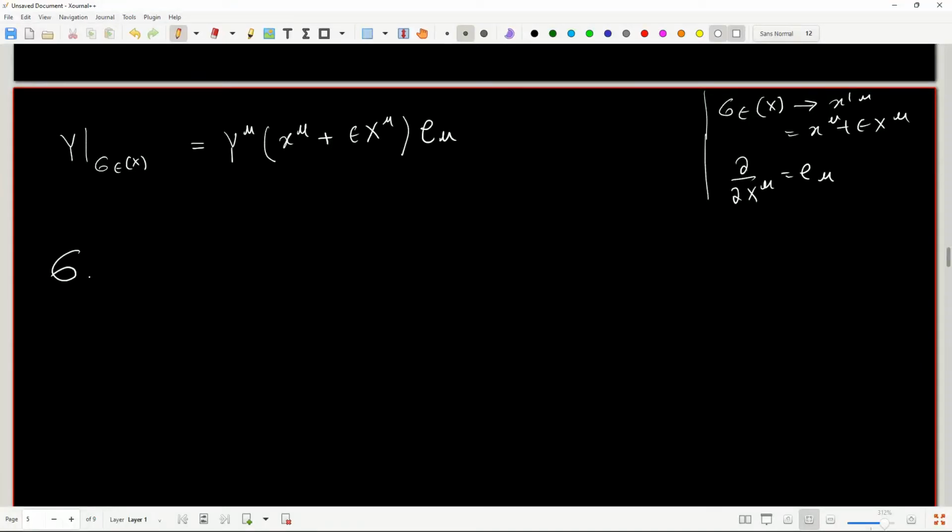That means we have to take the push forward of this guy over here. The push forward of y and this. And note that when you write it like this, you are actually evaluating it at x plus epsilon X. I got rid of the indices just for convenience. Okay.